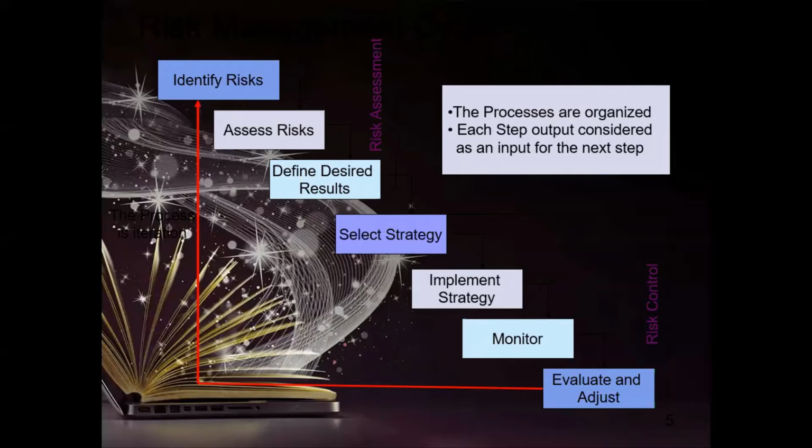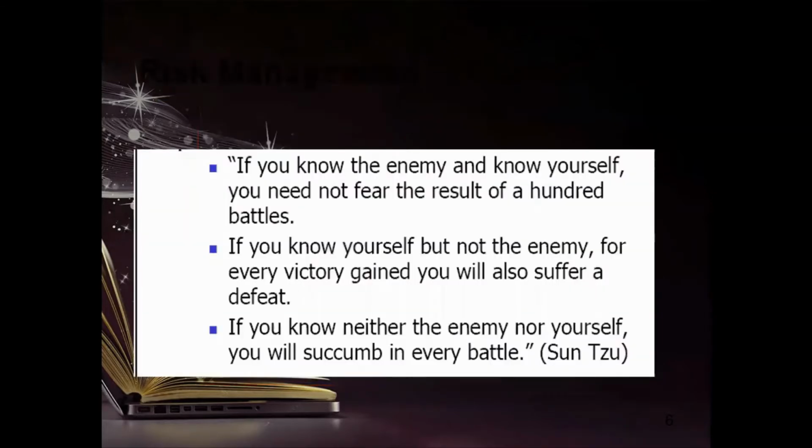Accordingly, we need to monitor things, and after monitoring, we need to evaluate and adjust. So this comes under your risk control. This is an overall organized process, where each step's output is considered as the input for the next step. So this would be a proper risk identification process.